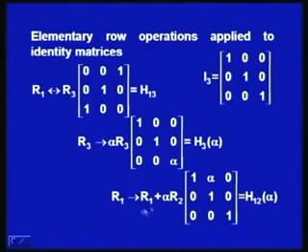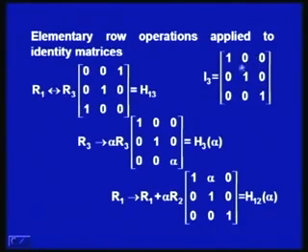Then the third type of operation may be written in the form R1 goes to R1 plus alpha times R2, meaning thereby that the second row is multiplied by alpha and added into the first row. So, if I apply this operation on this, then the second row will become 0 alpha 0.